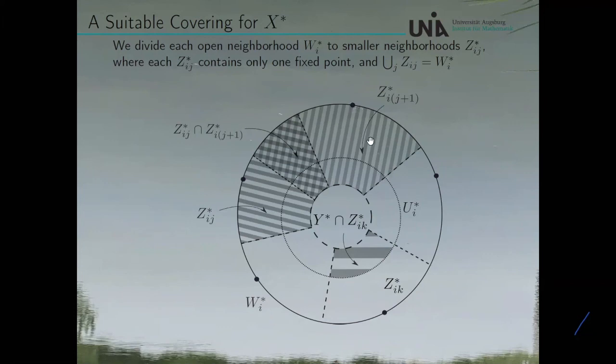Therefore, around each fixed point, I consider such a neighborhood, and I assume that each neighborhood has only one fixed point. So this is one of them, and this is one of them. So these are our covering.